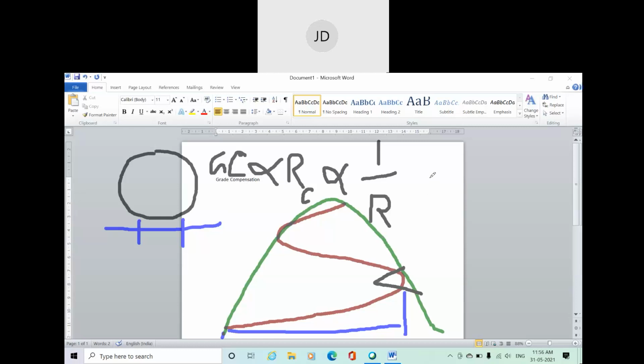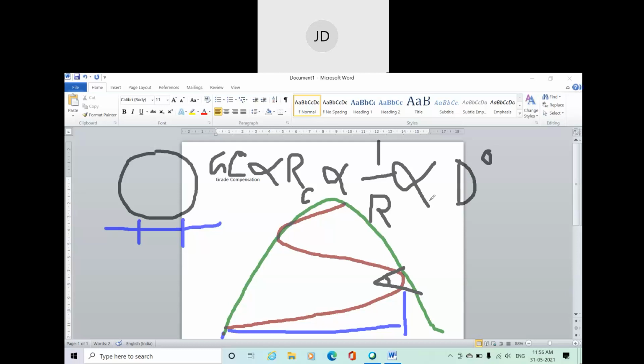And this is directly proportional to the degree of the curve. The radius of the curve and the degree of the curve are inversely proportional.